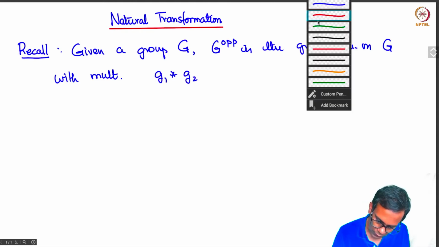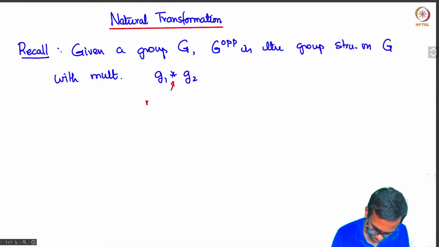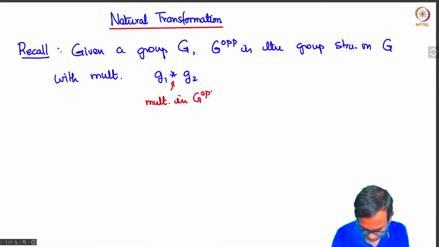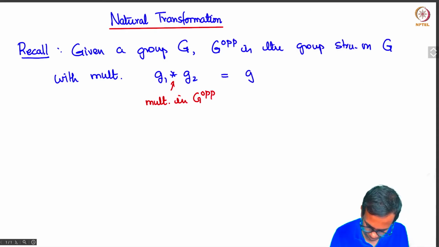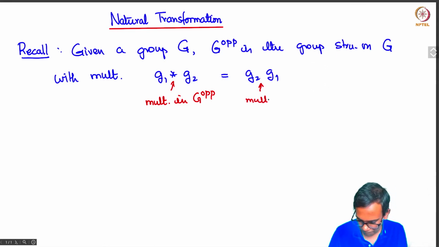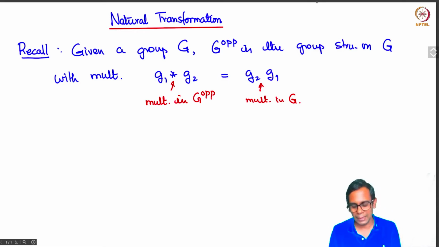This star denotes the multiplication in G op, and that's equal to G2 G1, where this denotes multiplication in G itself. You can check that this actually is a well-defined group. It will satisfy identity, associativity, inverse, and so on.